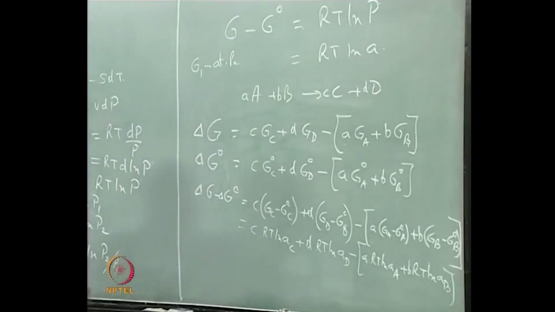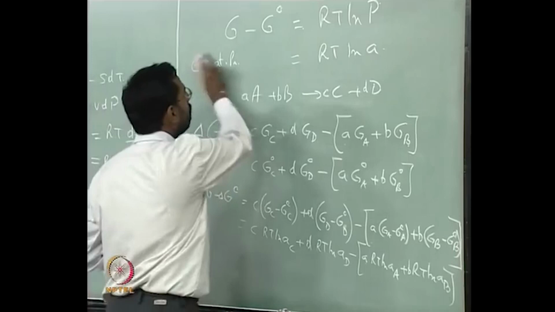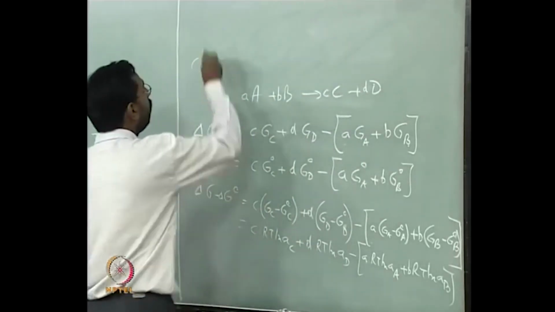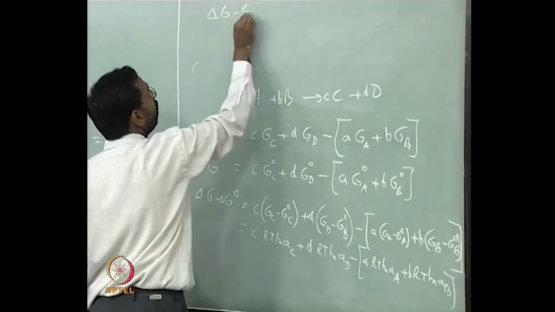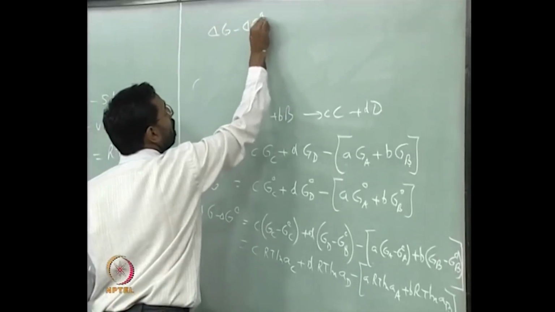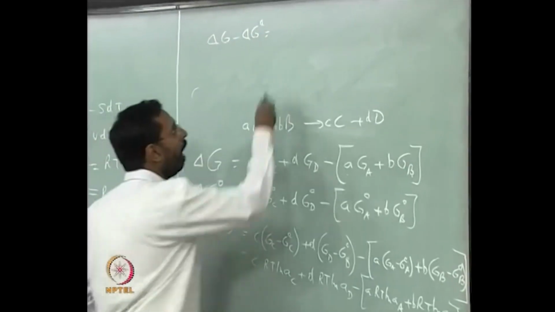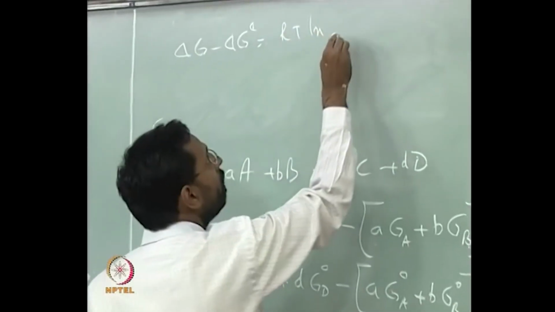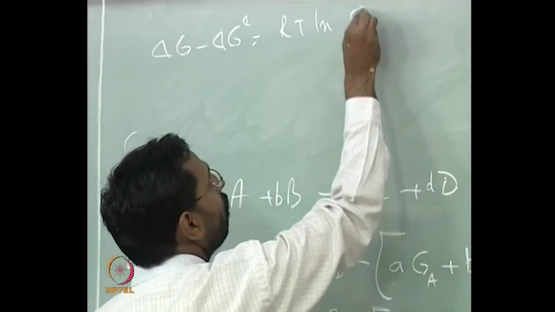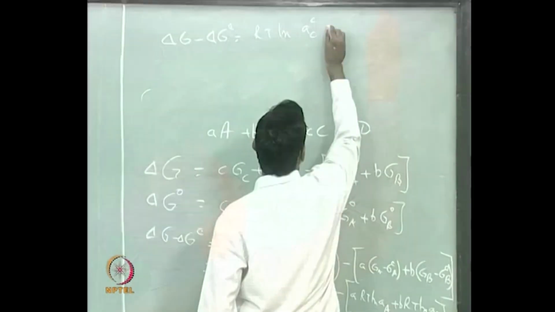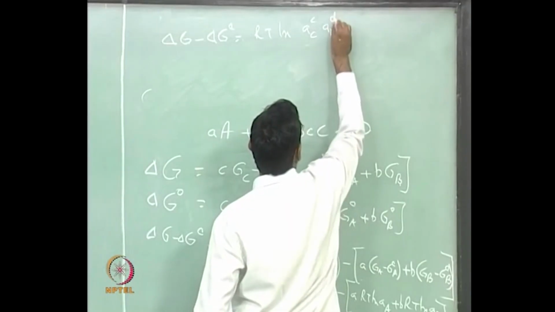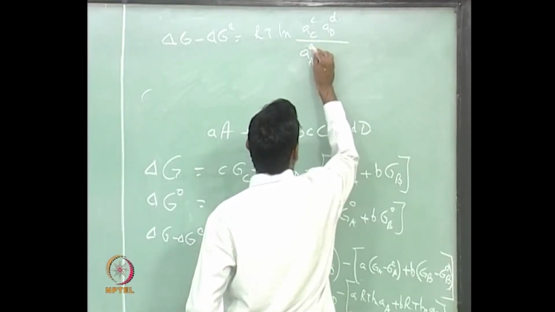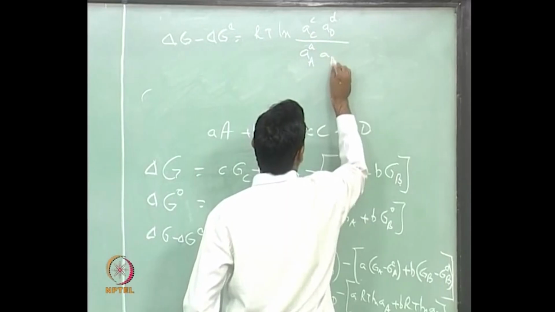And so, from this I can write that delta G minus delta G naught is RT ln of a of C to the power c into a of D to the power d, divided by a of A to the power a and a of B to the power b.